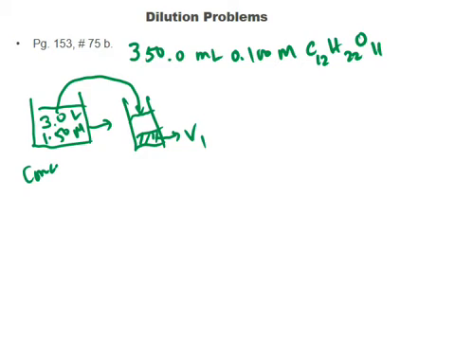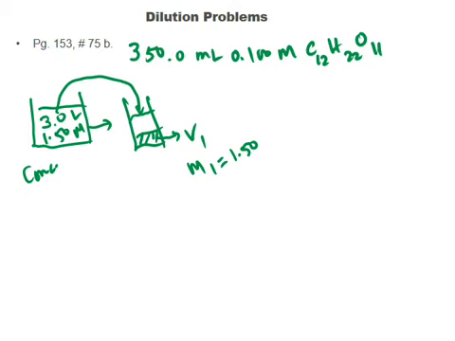Now keep something in mind. Your initial volume is V1. Do I know the initial molarity? Yes, because this solution is coming from the bottle with high concentration, which is 1.50 molar. So I do know the initial concentration, which is 1.50 molar.